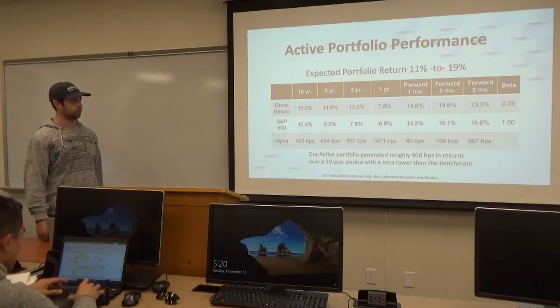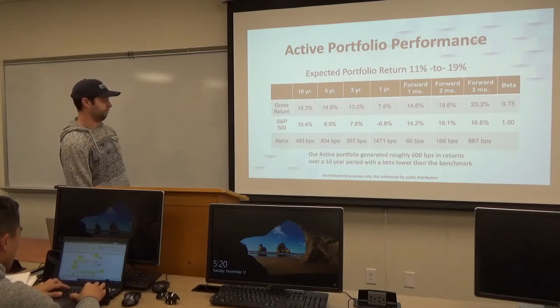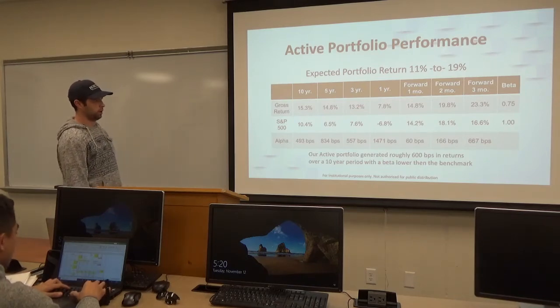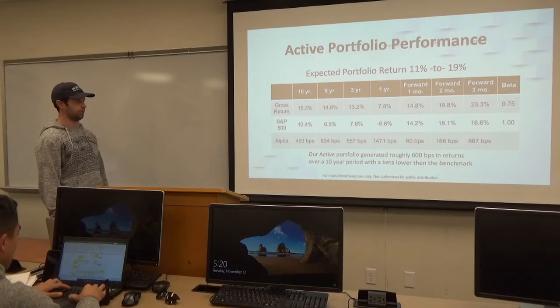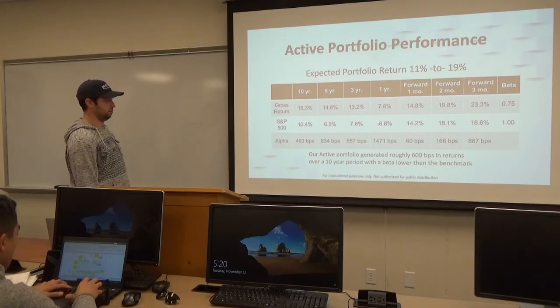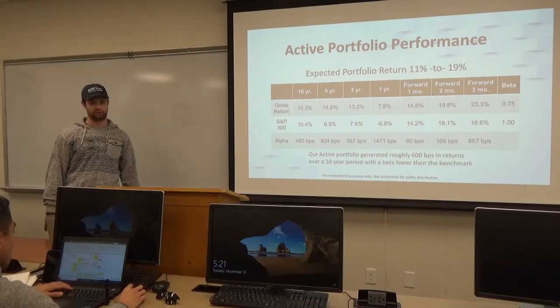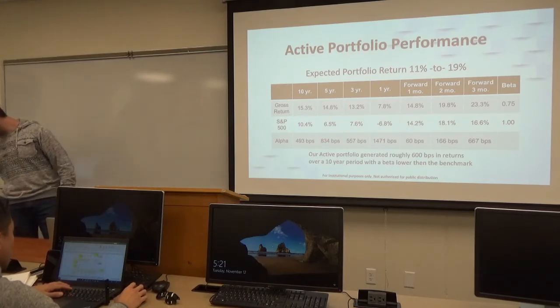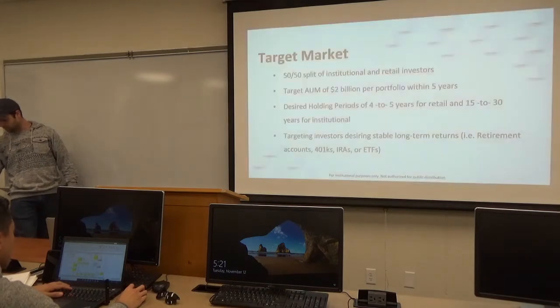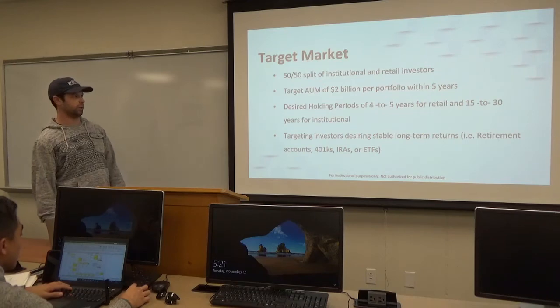For our performance, we did a 10-year back test, and then we forward projected it. On the 10-year, we have a 15% return, and on the forward end, we have a 23% return. All of these back tests have outperformed the S&P benchmark, with a smaller beta of 0.75 to the S&P's 1. Target market: we're going to do a 50-50 split between the institutional and retail investors.